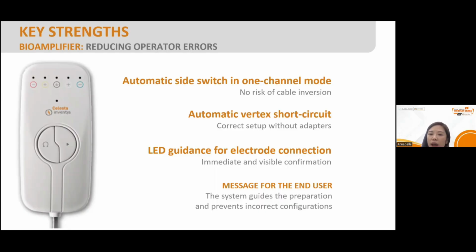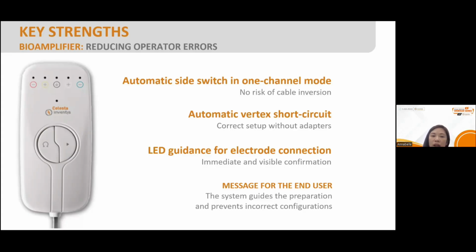The child is sleeping. You don't want to wake the child up, and then you have to dim the light, and you have to put on the electrodes one by one, and you don't really want to put the cable on again, right? So you don't want to make the child awake. So it is good to have the automatic side switch.